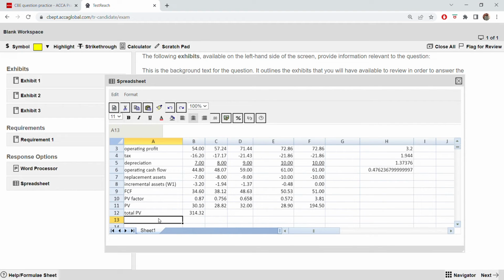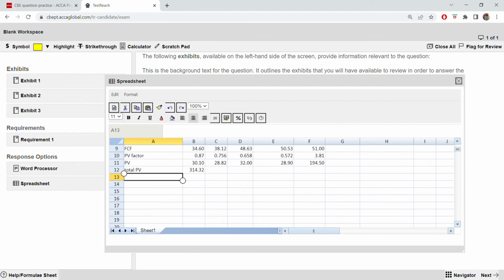Then you need to deduct or add. Here you need to add short-term investment because it will give you return. What is the short-term investment here? It is 4 million.